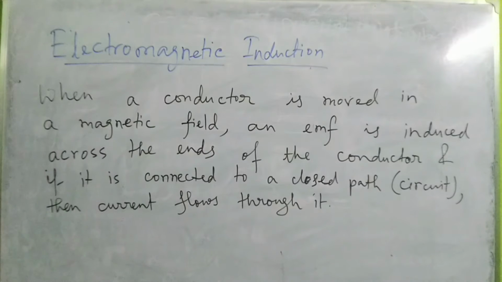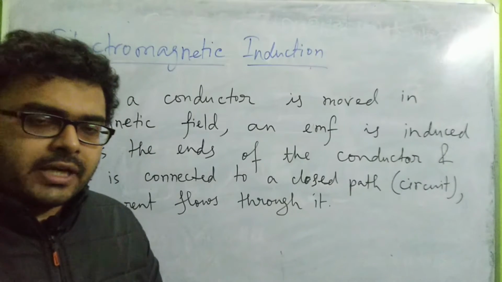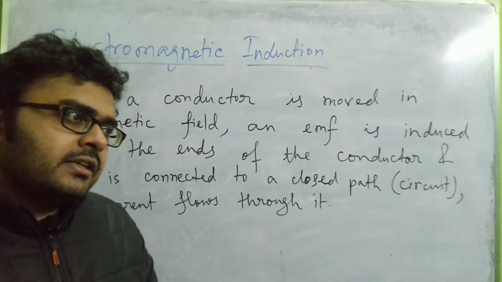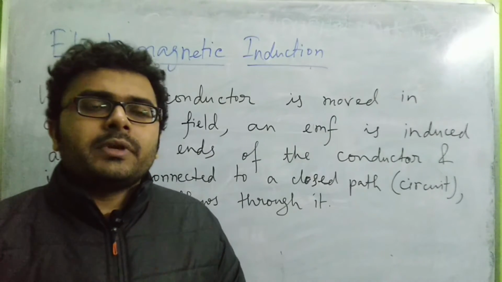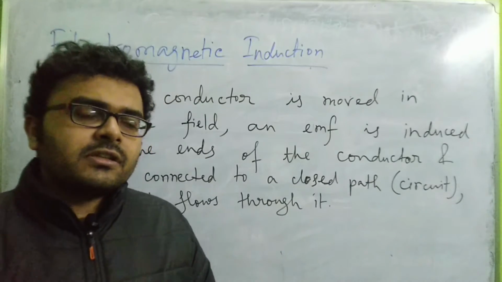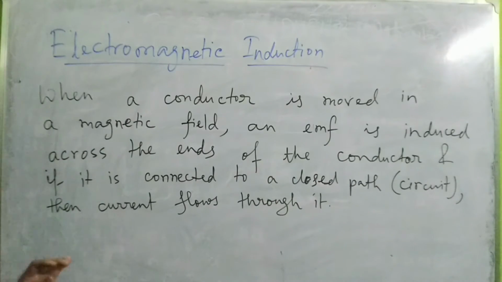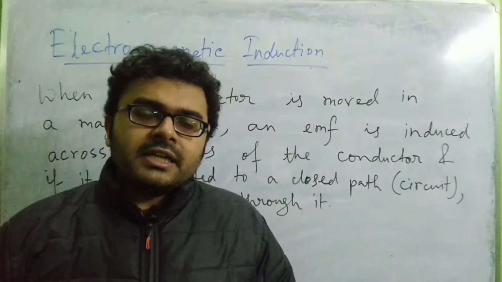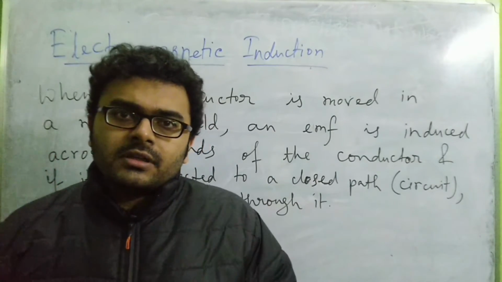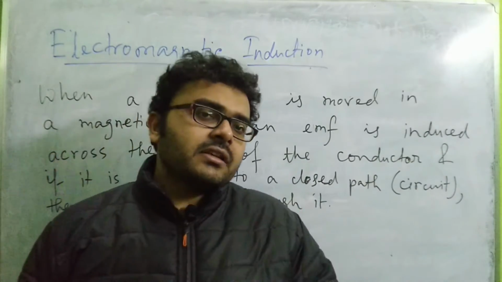Now this electromagnetic induction was basically observed by Michael Faraday. Okay, and he stated a law regarding this process of electromagnetic induction. What did he say? Whatever we have written in this definition, basically this was what he tried to say, that whenever there is a relative motion between a conductor and a magnetic field. Why am I saying relative motion?